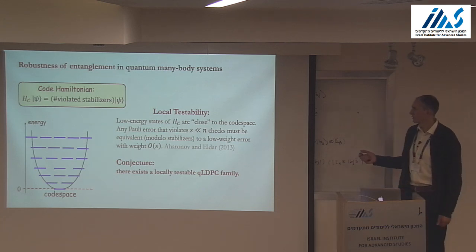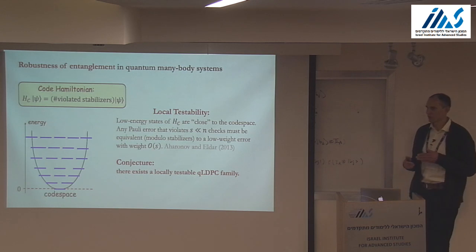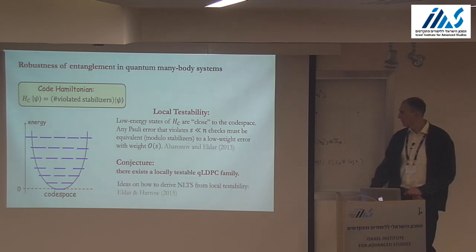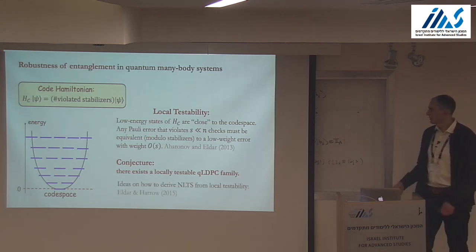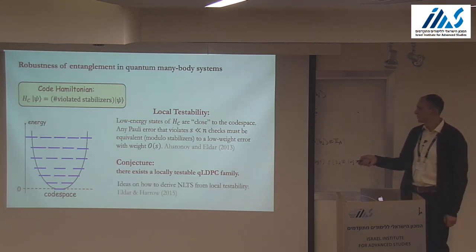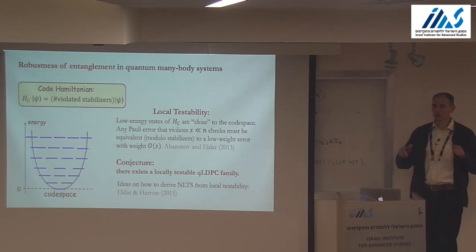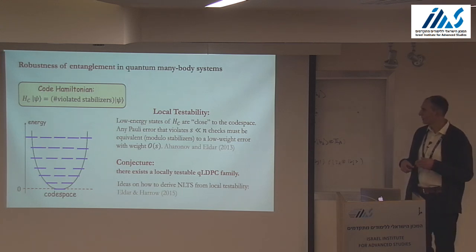The conjecture is that there exists a family of quantum LDPC codes that have this local testability property. And there are certain ideas how to reduce local testability to this previous conjecture about non-trivial low energy states.